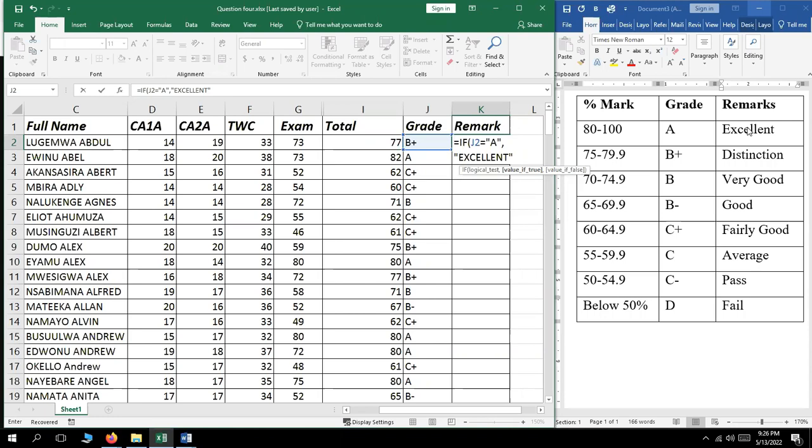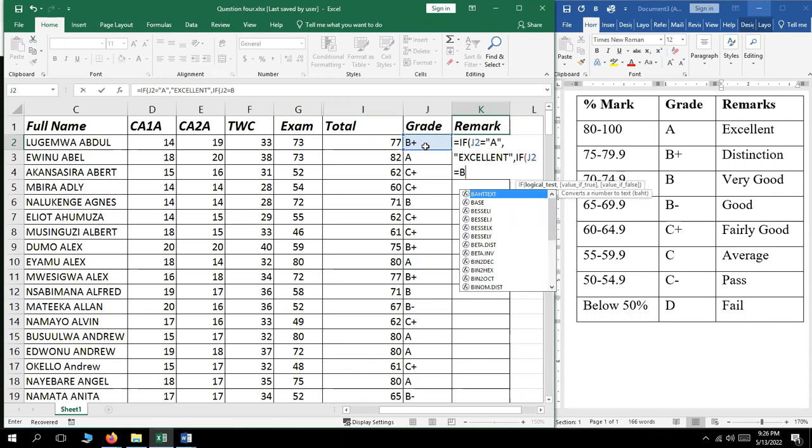We're going to repeat the same thing until all other options are catered for. Therefore, we say comma. Once again, remember, don't repeat the equal sign at the beginning, but repeat the IF and all other parts of the function. That is J2 once again equals B plus, in quotes of course.